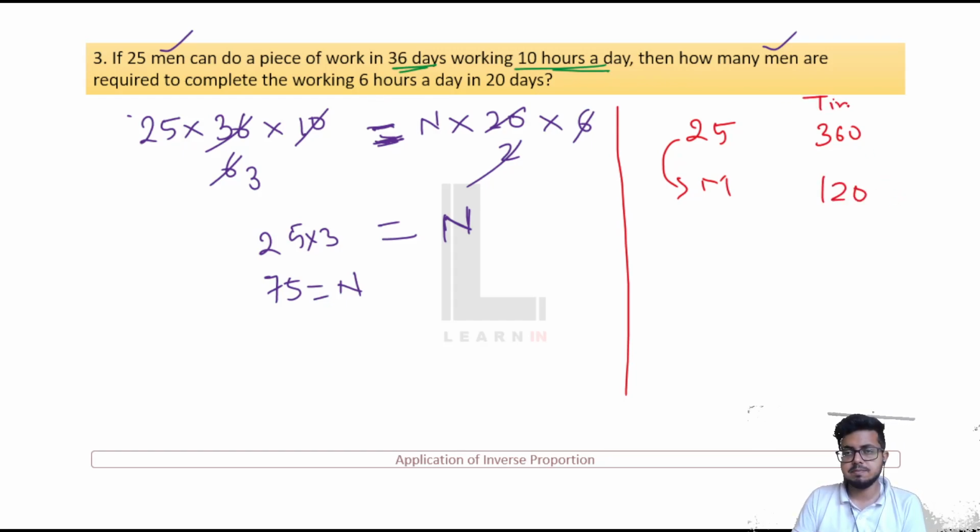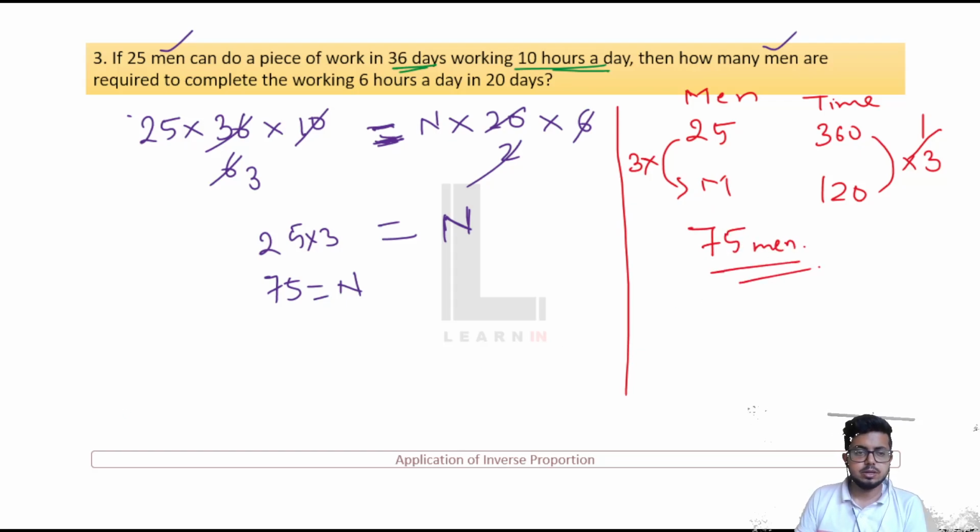So this is the time, this is the number of men. We have decreased the time by 3, so 1 by 3 is the value here. Now we would reverse it and we would just find the 3 times value. Now the answer would be 75 men. This is the shortcut, so it is working.